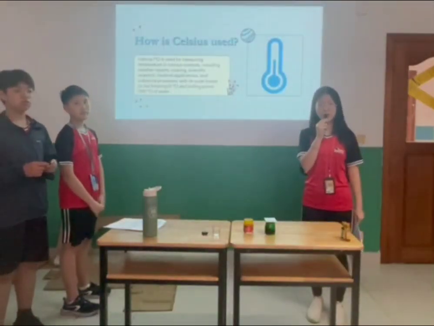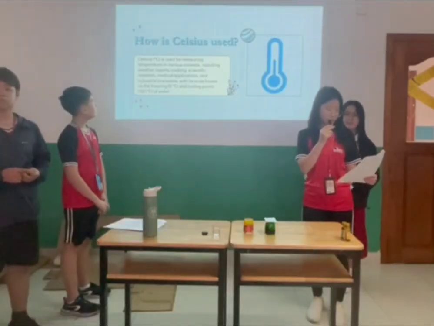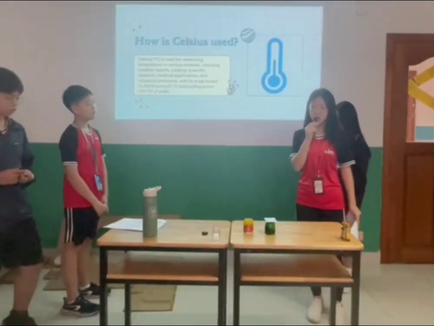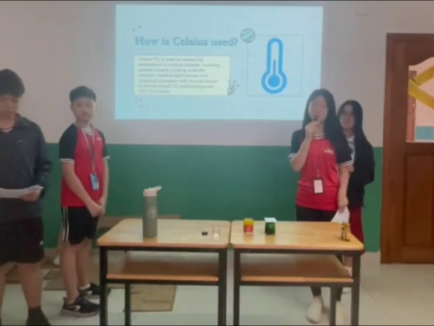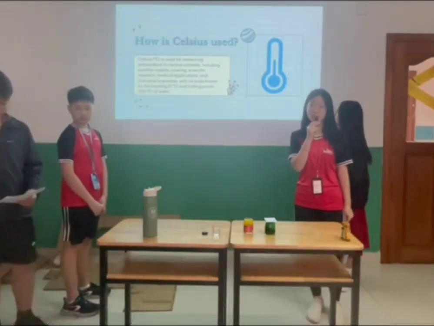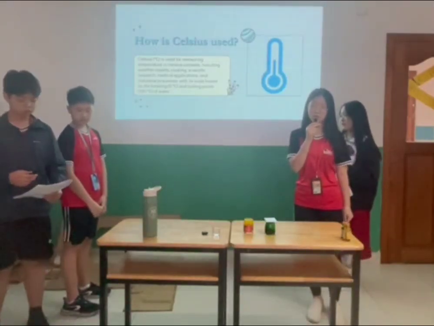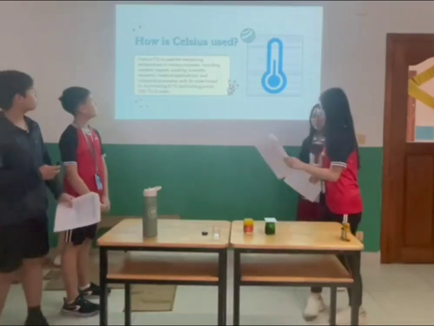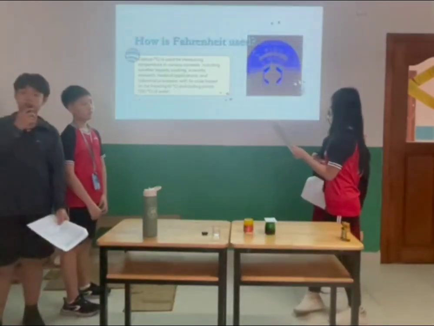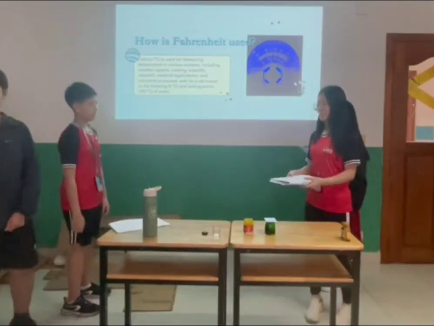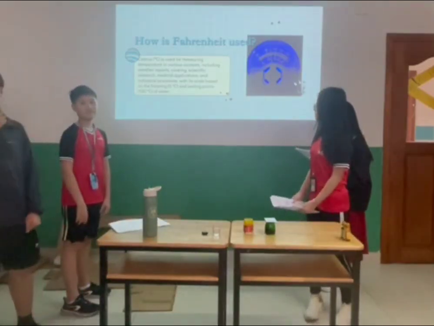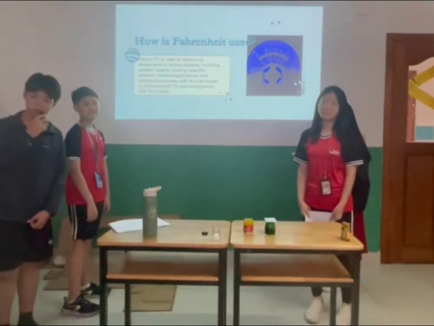For example, Celsius measures temperature in weather, cooking, industry, and science, and is based on water's freezing point, 0 degrees Celsius, and boiling point, 100 degrees Celsius. Fahrenheit measures temperature primarily in the United States, where water freezes at 32 Fahrenheit and boils at 212 Fahrenheit.